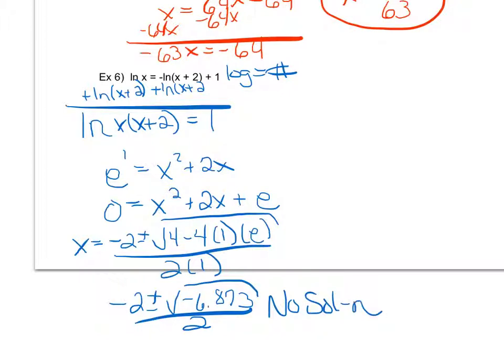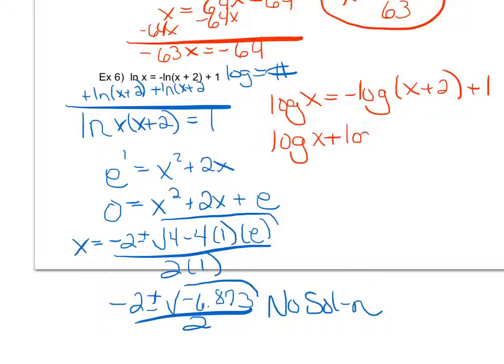I think the problem I had meant to have in looking at my notes is I had meant to type log of x equals negative log of x plus 2 plus 1. If I run through that quickly, the first step would have been the same to move the negative log of x plus 2 over. The second step would have been the same to change to multiply.